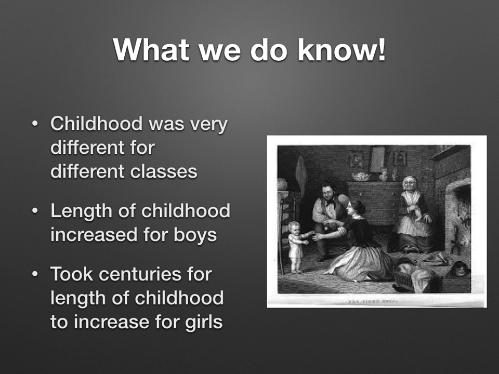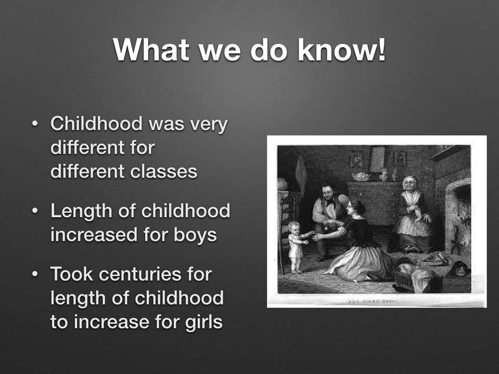So from probably about 1200, we started to see boys particularly going to school, and the length of their childhood increased, particularly for boys. So what we mean by that is that the time when they actually started work, went out and earned an income for their family or for themselves, slowly became later and later.